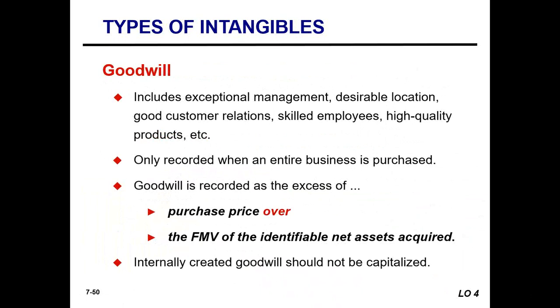Goodwill includes things like client list, reputations, employees, what people think of our products. But there is no way for me to measure that goodwill and do some sort of entry that would get it on our books, because there's no dollar amount that's exchanging hands if I try to put my own goodwill on my books.